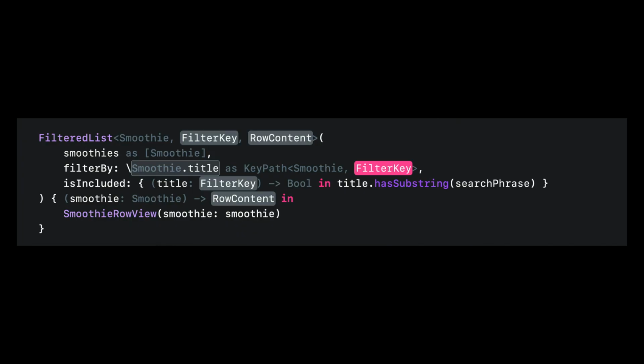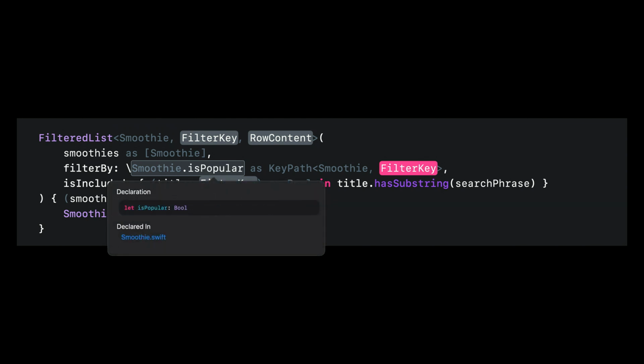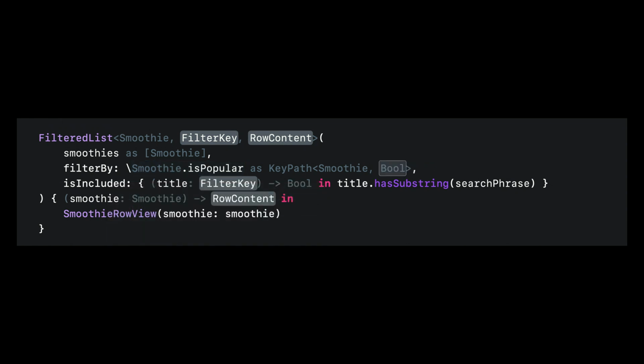Let's rewind back to where the compiler inferred the concrete type for filter key. Remember that in the previous step, the compiler inferred smoothie as the key path base type, and it used this information to figure out the concrete type for filter key by looking up the type of smoothie.title. If I had made the mistake of using the wrong property in the key path literal, the compiler would have tried to infer the type of filter key to be the type of that incorrect property, which in this case is Bool.